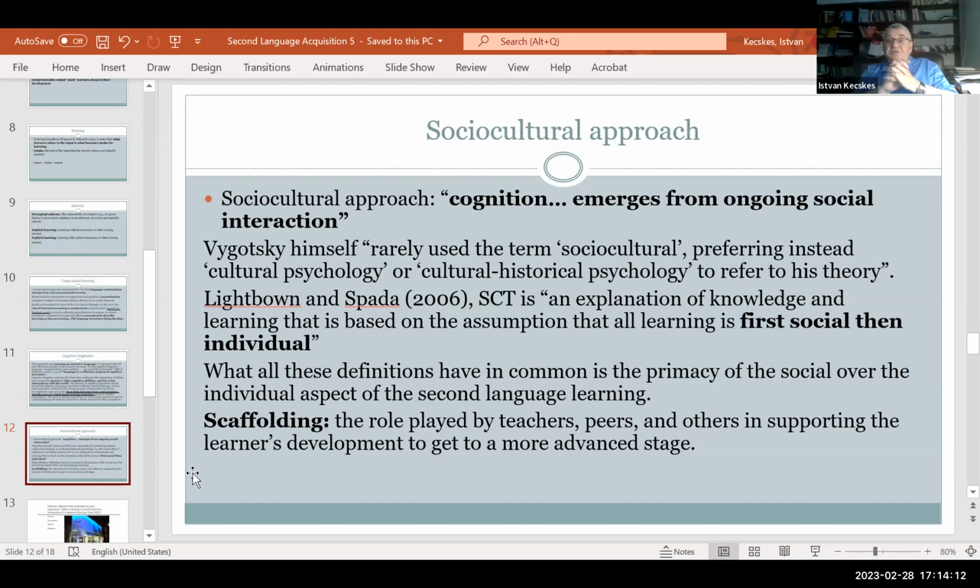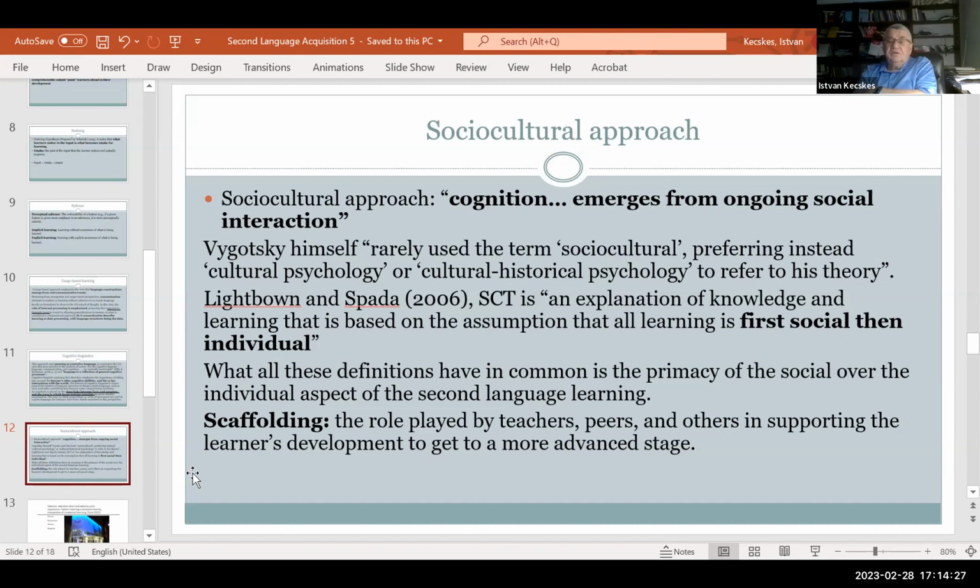And that's the reason why nobody in America knew Vygotsky for a very long time, although he was translated into English in 1962 for the first time. Nobody paid any attention.